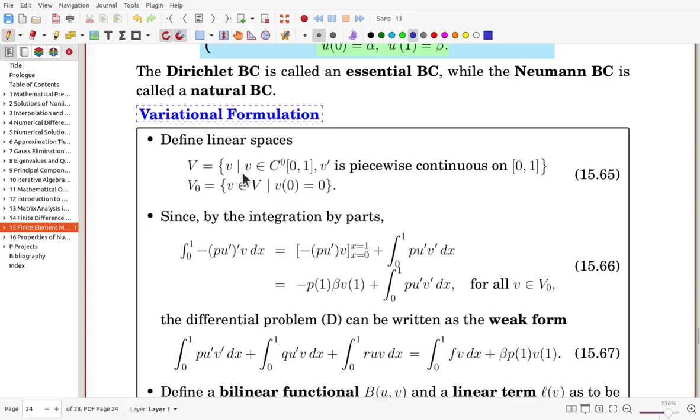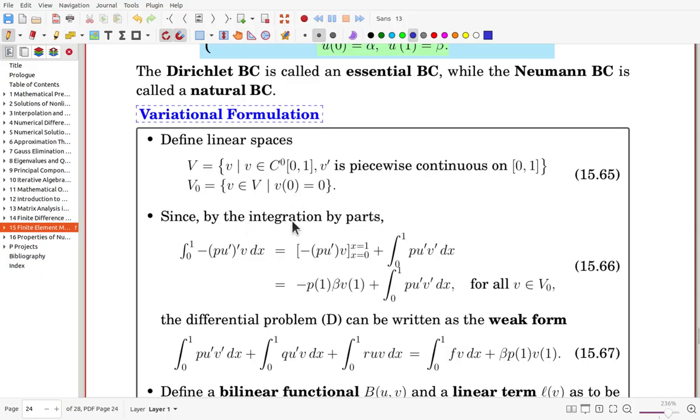In the beginning, V is the set of continuous functions whose derivative is piecewise continuous over the interval. Among these functions, we collect the functions having value 0 at the left edge point. This is V, and this is V0. So this is a simple restriction, and that's 0 over there.